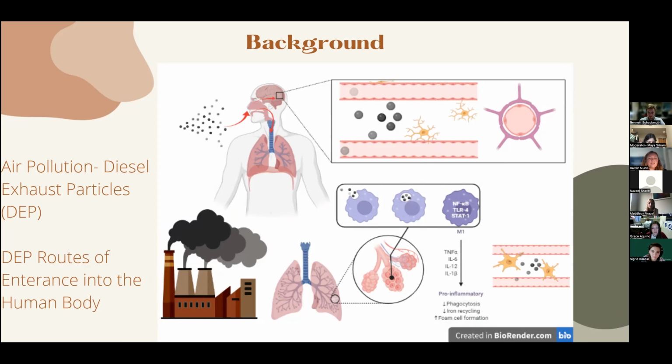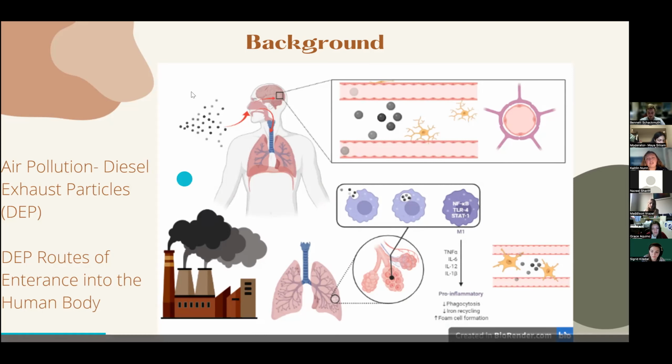And very interestingly, it has two routes of entrance into the human body. First there is the direct route, which is basically, as Maziel mentioned, through the olfactory bulb and straight into the brain. Or the indirect pathway, which is shown here as going down into the lungs.